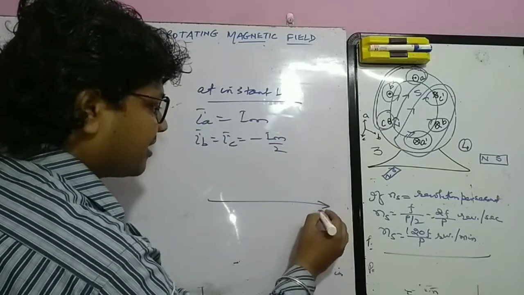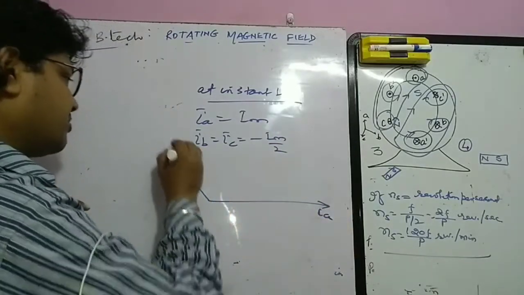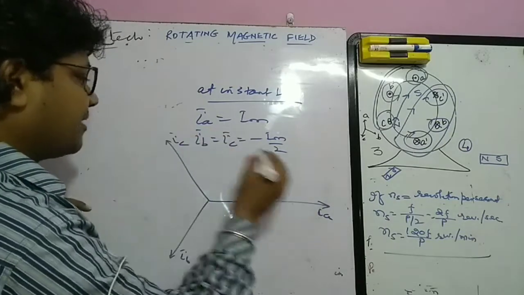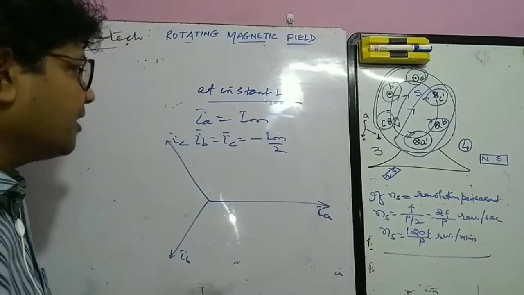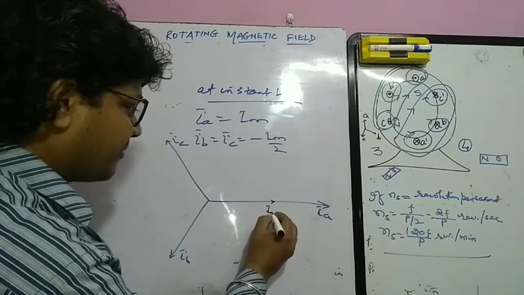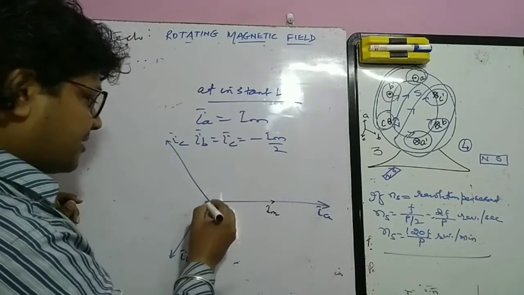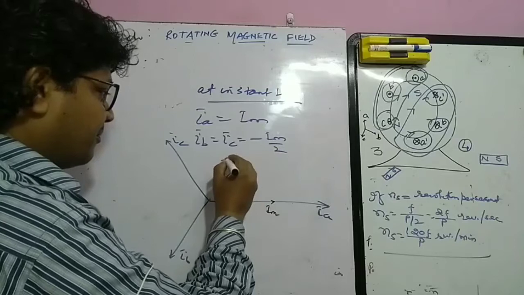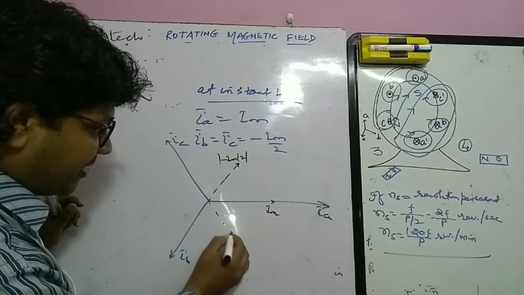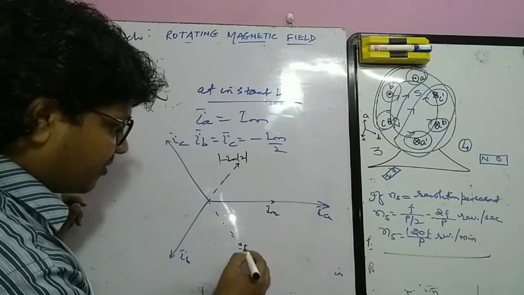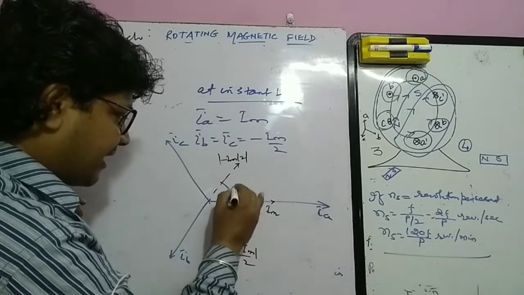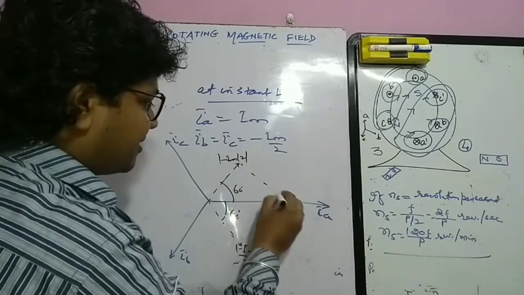This was our phase current Ia, this was our Ic, and this is our Ib, right? This is Im, minus Im by 2 in magnitude, and Ic is minus Im by 2, magnitude Im by 2. This angle is 60 degree and this angle is 60 degree.